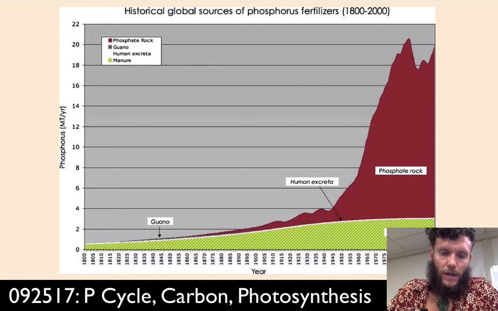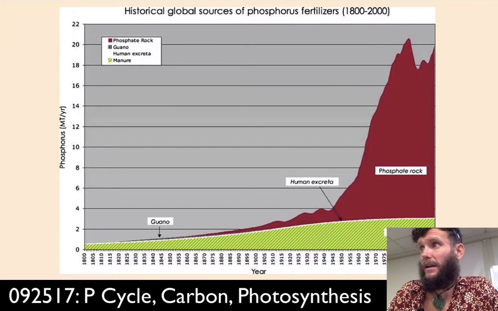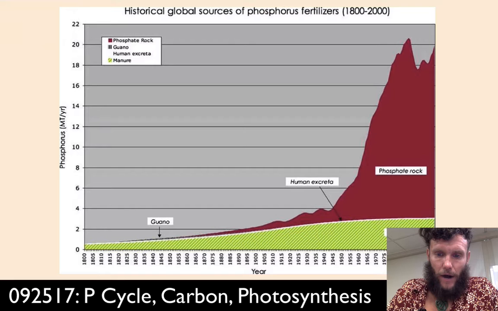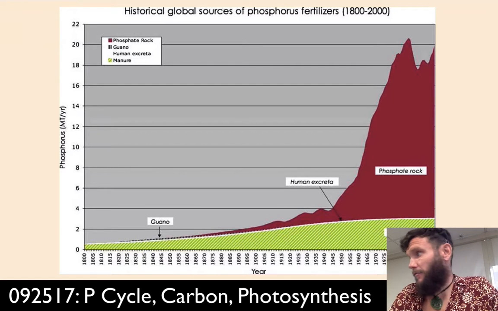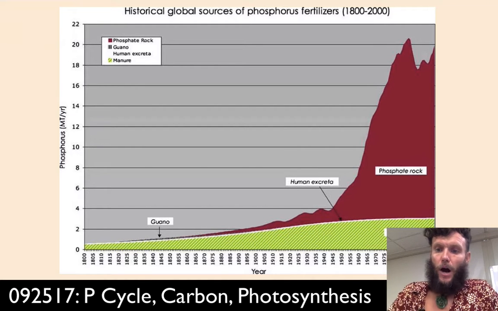And then around the mid 18th century, when they began to really understand the role of phosphorus in plant growth, the phosphorus was sourced from phosphate rock. You can see that right around the middle to end of World War II, this is when inorganic phosphorus extraction from rock really began to explode.